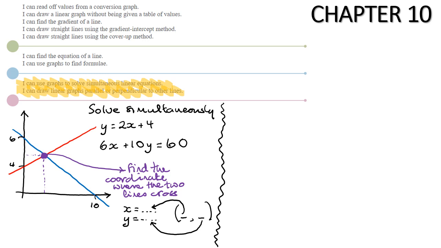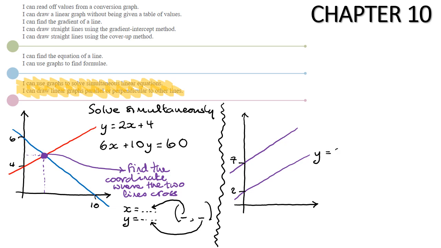So the last thing we're going to be looking at is perpendicular and parallel lines. Right, now parallel lines have the same gradient. So if I had a line like this and another line that was parallel to it, if this was the number 2 and this was the number 7, and this line had the equation y equals 3x plus 2, well, this one would be y equals 3x plus 7.